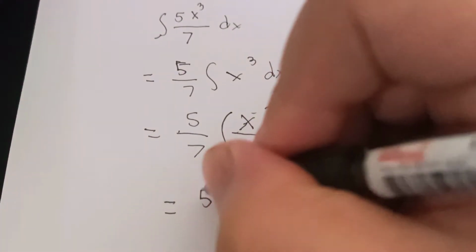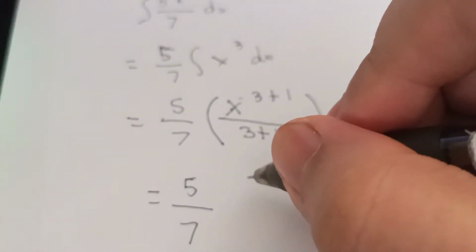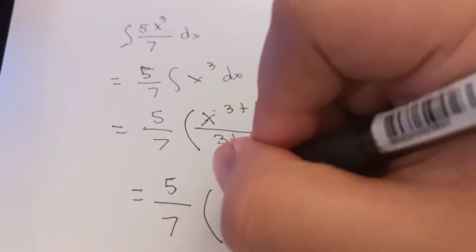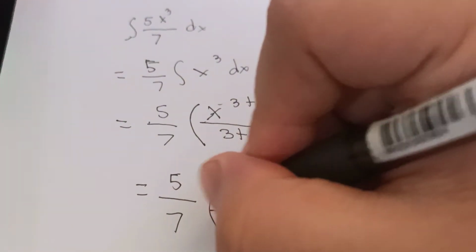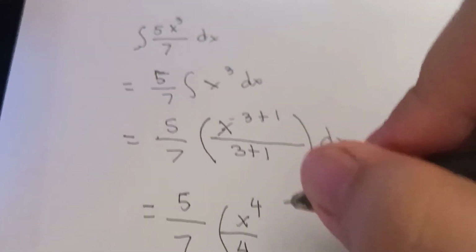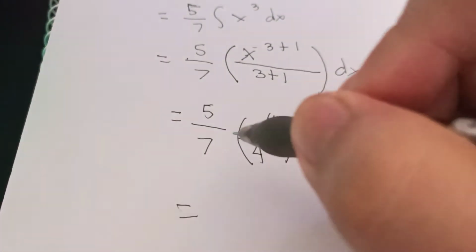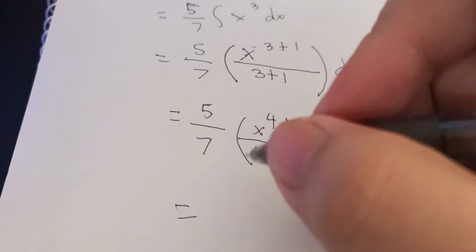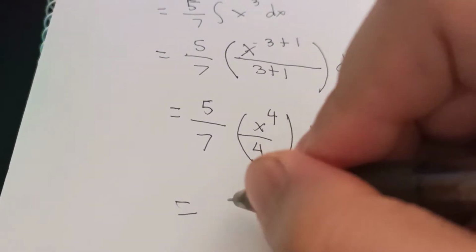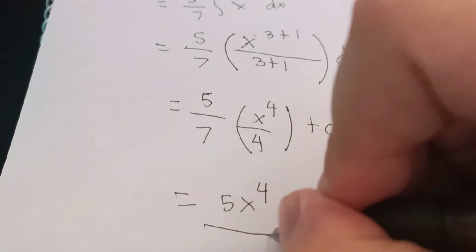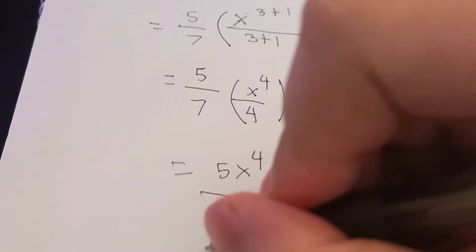After that, 5 over 7 will now be x to the 4 over 4 plus c, and then we multiply 5 to the x to the 4th power, making it 5x to the 4th over 7 times 4, which is 28.